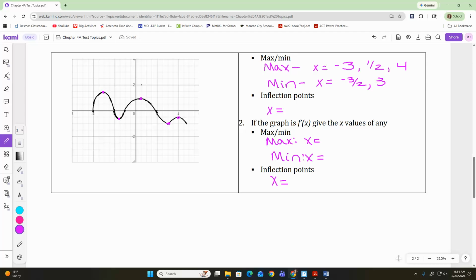Inflection points, we're going to estimate as best we can. So it starts off concave down, switches to concave up. So you're estimating where that change happened. It's not perfect, maybe somewhere around there. So maybe a negative 2.25-ish. Here we're curved up, and then we switch to curved down, so it does change again. I don't know if you want to call it maybe negative 1-ish.